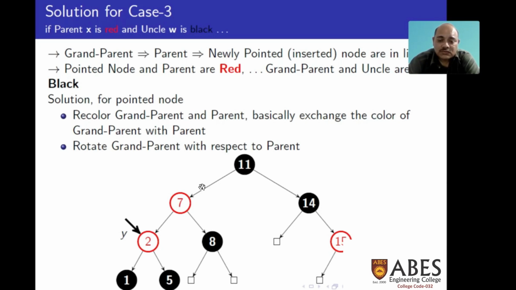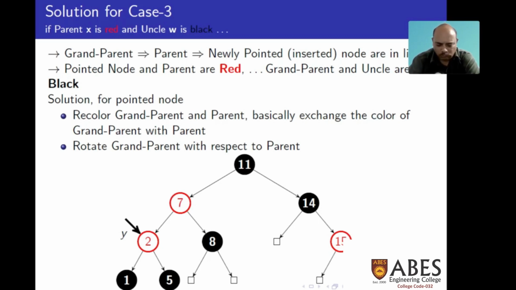So two things we are doing. First of all, we will exchange the color of grandparent and parent. So 7 will become black and 11 will become red. Second, we will right rotate 11 with respect to 7. Third thing, we will put the pointer on the parent node.